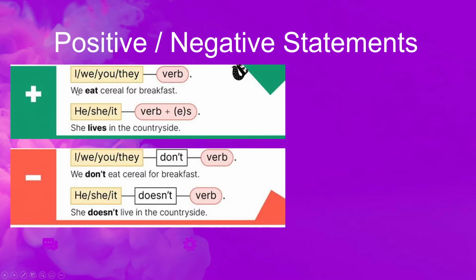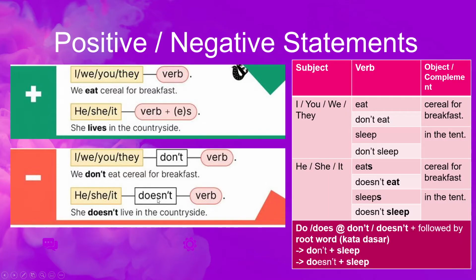For the positive statement, you just remember the rule whether to add s or to remove s between these two, singular, plural. You have to look at the subject pronouns. For negative statement, it is at the word don't and doesn't. So why didn't we put in s or es at the action verb behind?